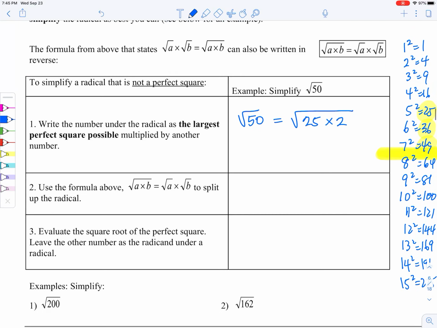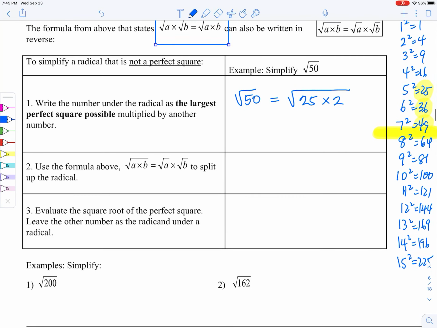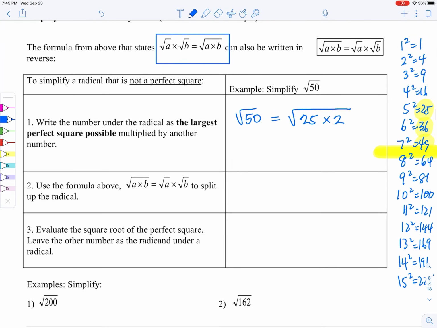And then I'm going to use this new formula. Up here, I can take the guts and multiply them together, but I can also do the opposite, which is this one here: if I have two things multiplied together under the same radical sign, I can split them into two separate numbers.